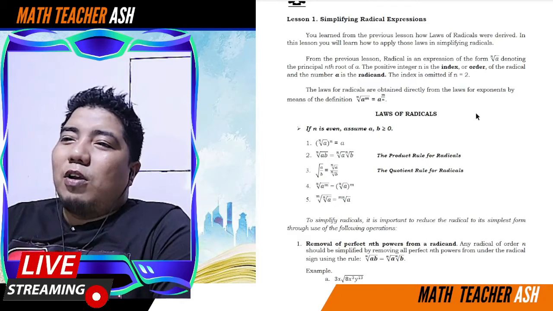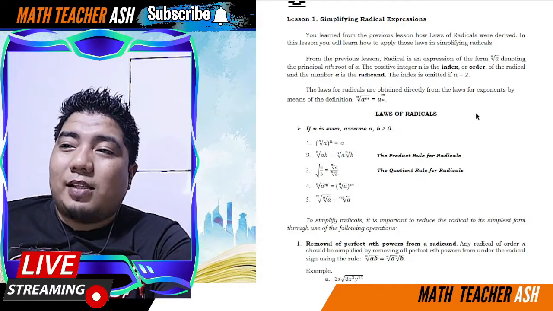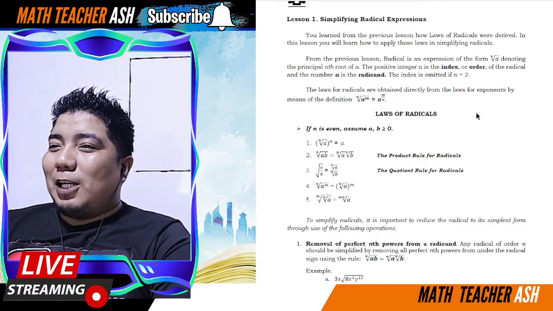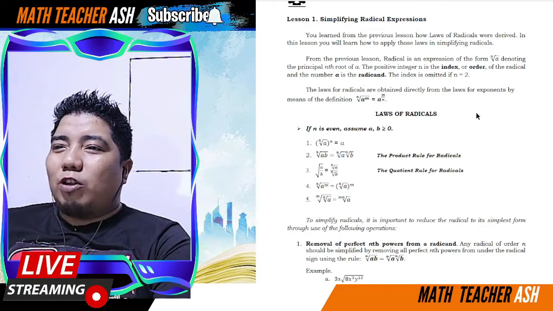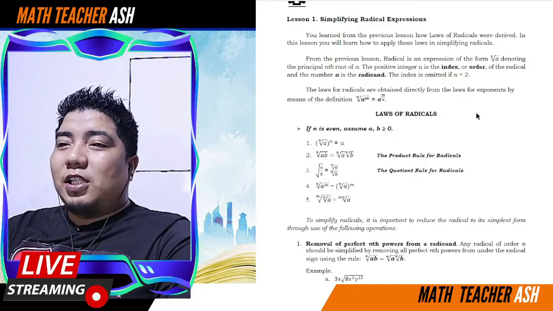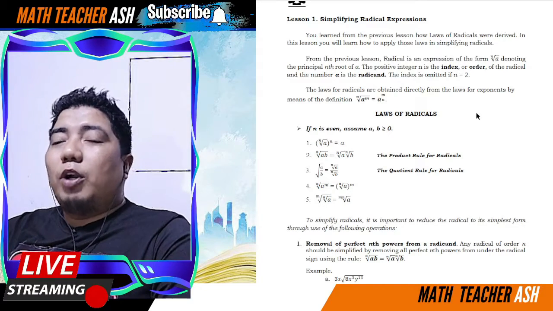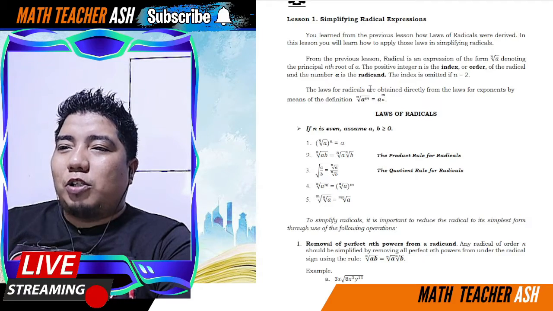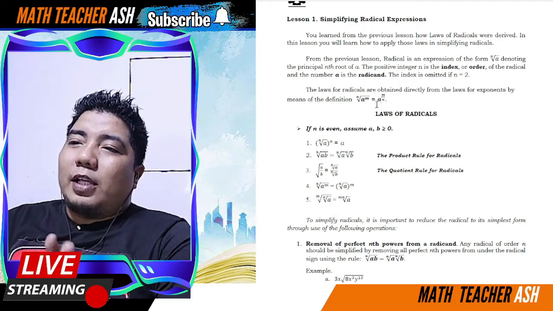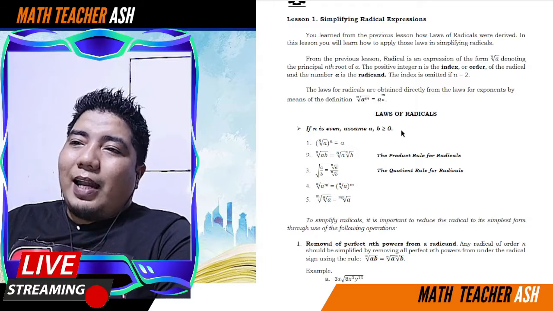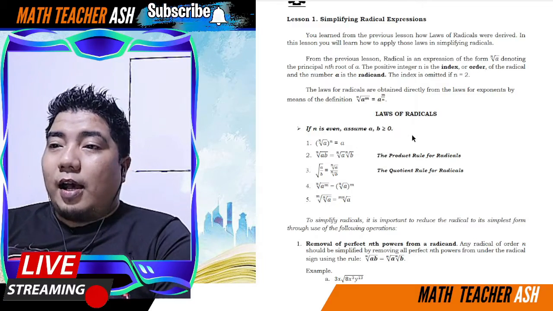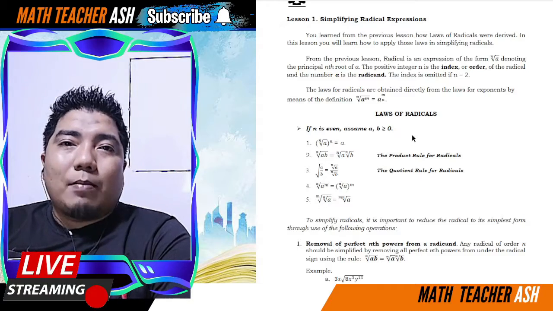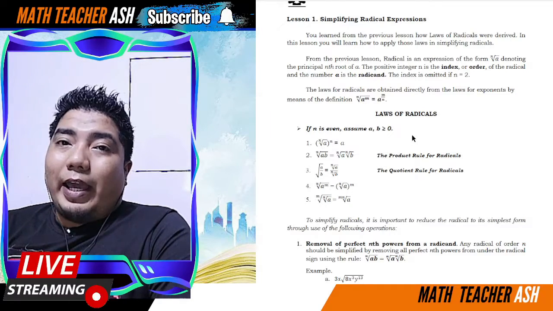So the law or the laws for radicals are obtained directly from the laws for exponents by means of the definition, the nth root of a to the power of m is just equal to a to the power of m over n. Okay, ito yon my dear math learners, yung sinasabi ko. So, as you can see, ang radical expressions or ang isang radical expression ay nagmula sa isang rational exponent.